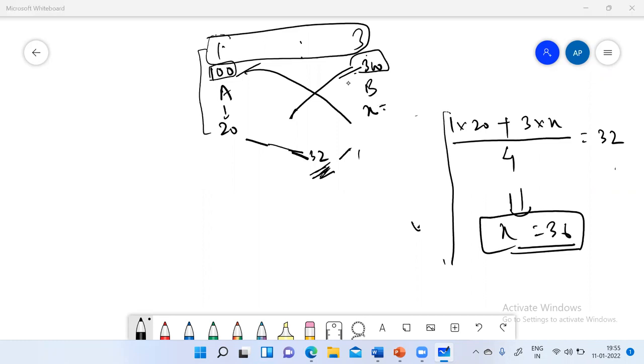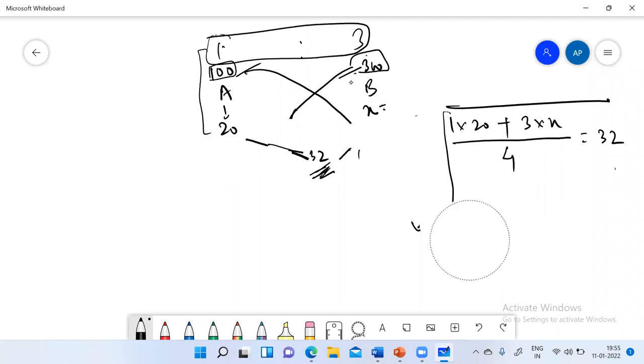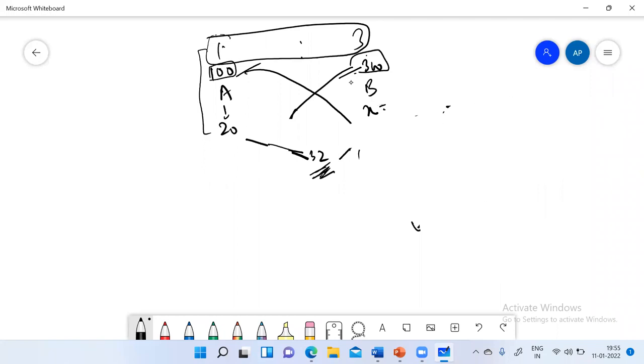Okay. So you could have done it this way also. But since we know that for a group average, the average always lies in between the averages of the two groups, and it divides the gap in such a way that the ratio of gap division is equal to the ratio of individual numbers, which of course gets reversed.